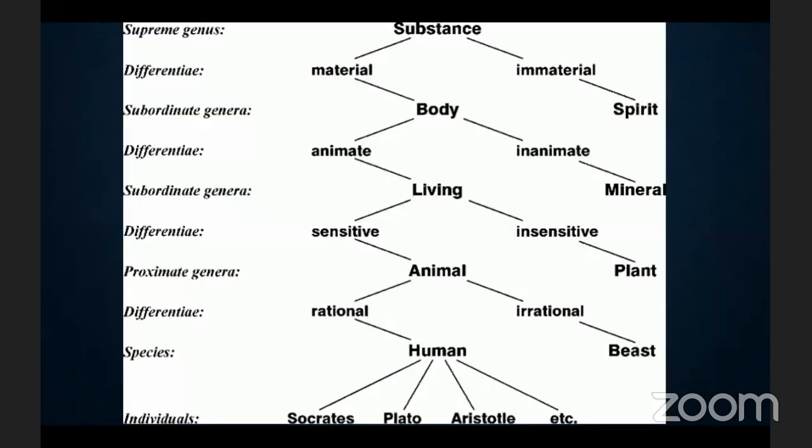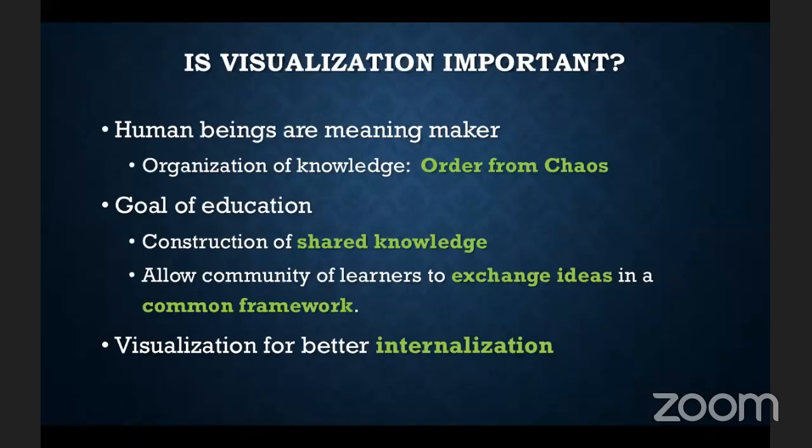So these are the basic things that we have to consider, and that is why the visualization of learning is so important. In a nutshell, whatever you are trying to do, if you are not putting it in order, you cannot make any sense from it.